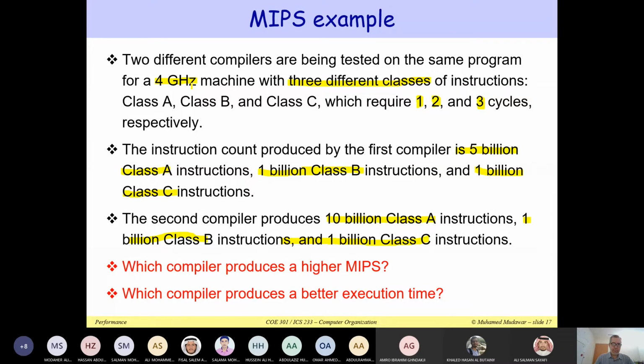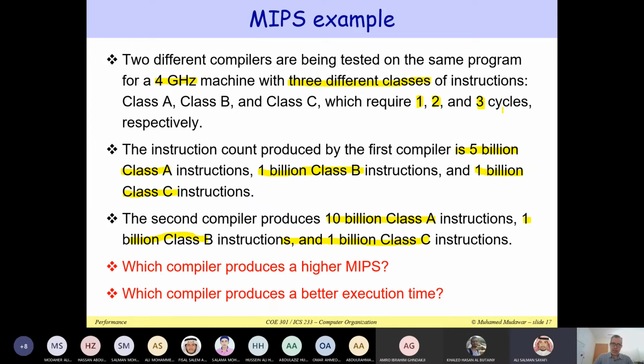What is needed is to calculate the average CPI, cycles per instruction. We know that class A, class B, class C require 1, 2, and 3 cycles. This is given.